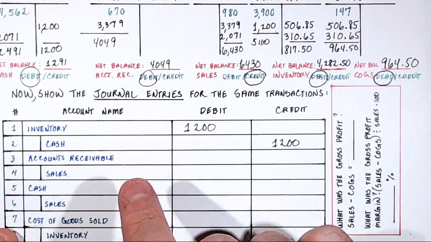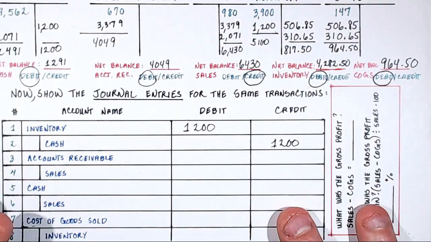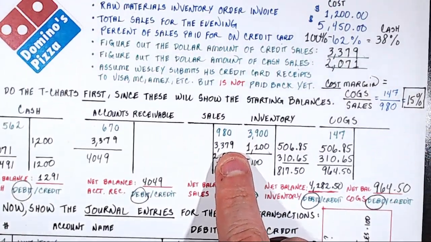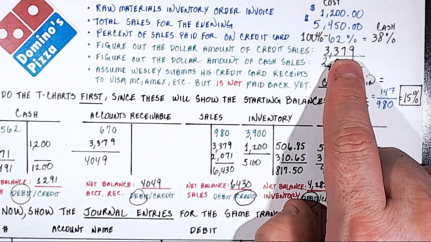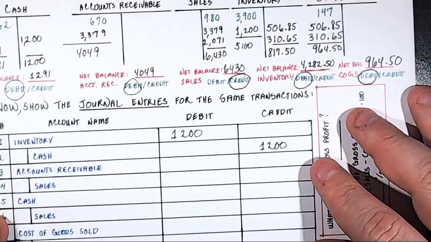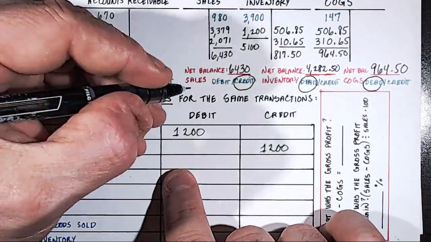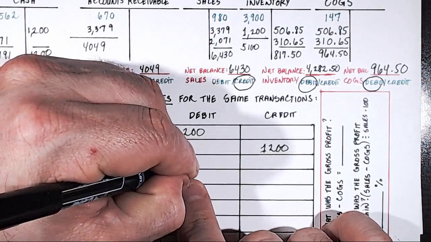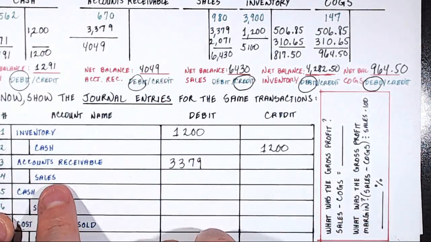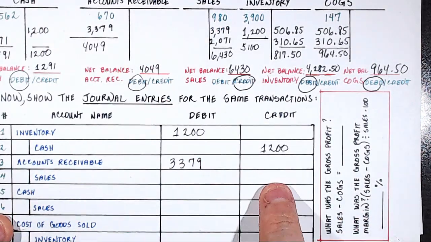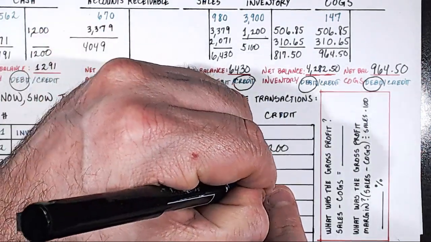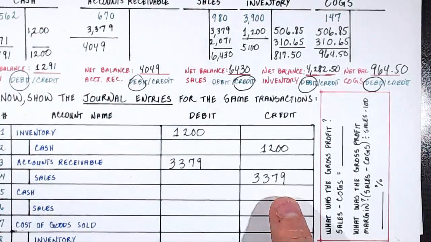Now, we're going to make some sales. Remember, in sales, we sold $3,379 on credit cards. So we will debit accounts receivable for $3,379, and we will credit sales for $3,379.